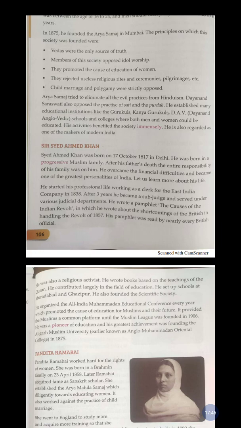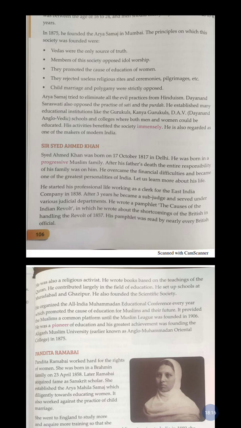He wrote a pamphlet, The Cause of the Indian Revolt, in which he wrote about the shortcomings of the British in handling the revolt of 1857. Students, what has Sir Syed Ahmad Khan written? He has written a pamphlet. And what kind of pamphlet? The name of the pamphlet, The Cause of the Indian Revolt.